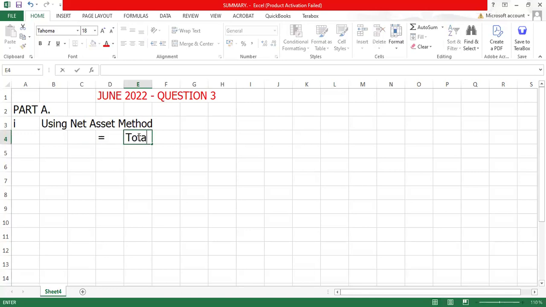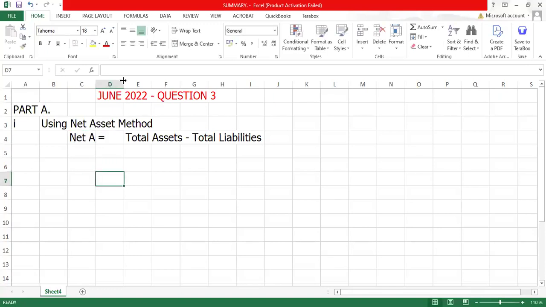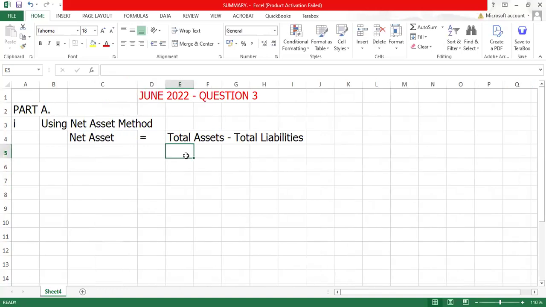You get the total assets, then you subtract total liabilities. That's how you get your net asset. You get all your assets, then you remove the total liabilities.